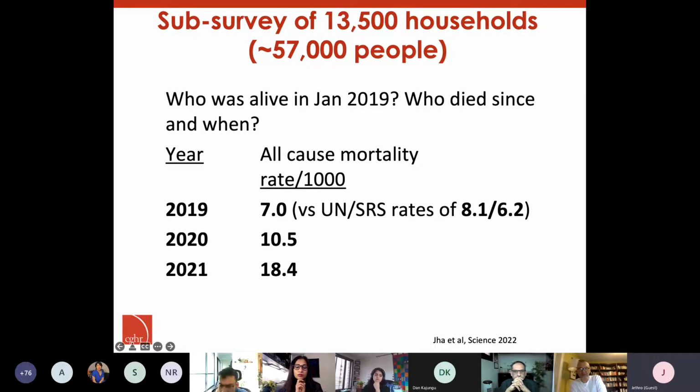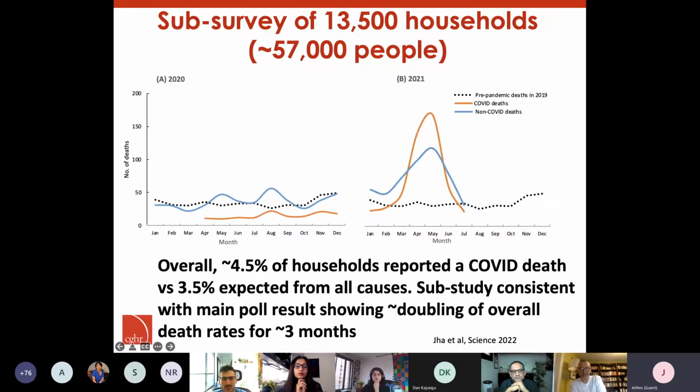So in 2019, the mortality rate in that population was 7, and that's pretty close to the UN and the Sample Registration System rates of around 8. The SRS rates are lower, I believe; the UN rates are closer to 8. Then by 2020, they'd gone up modestly, but by 2021, you see the overall death rates had increased substantially.